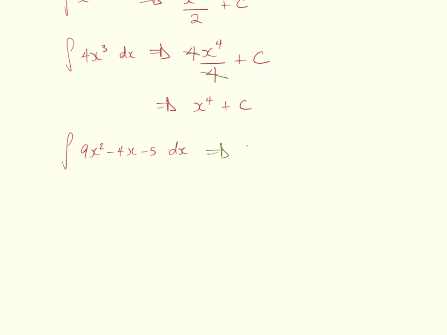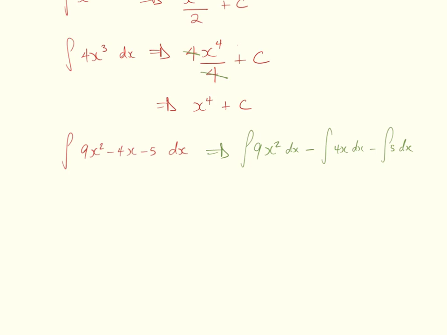Some people prefer doing integral of 9x squared dx minus the integral of 4x dx minus the integral of 5 dx and so on. If you want, you can do that. I will not be doing that. That's too much work, okay? You can just basically look at it just from here and integrate it.